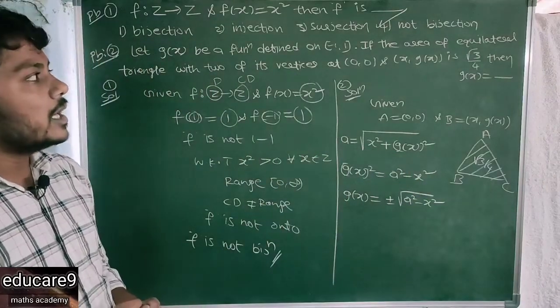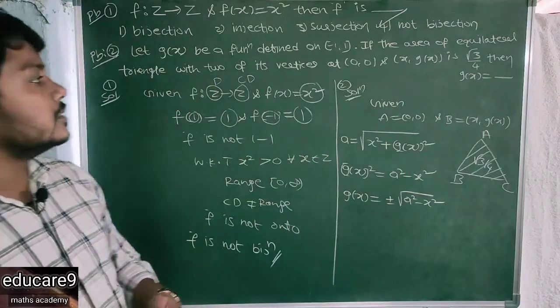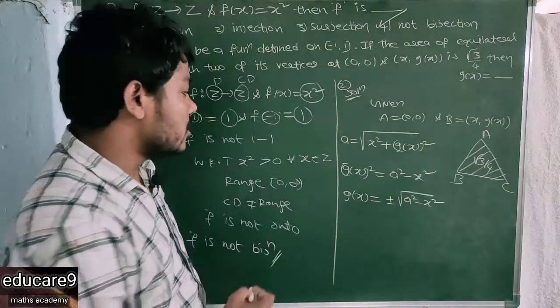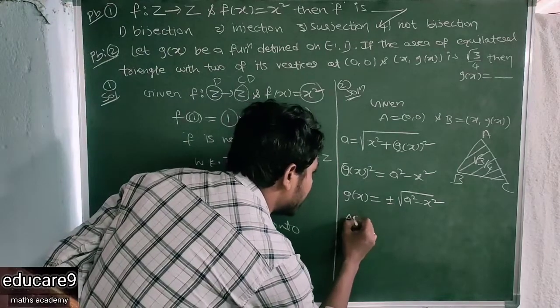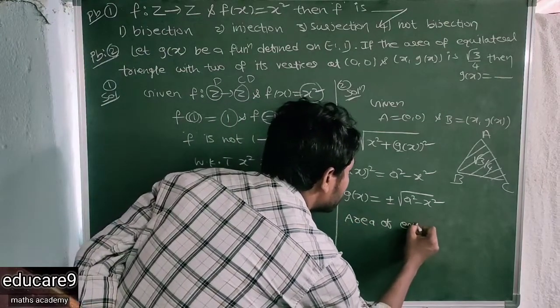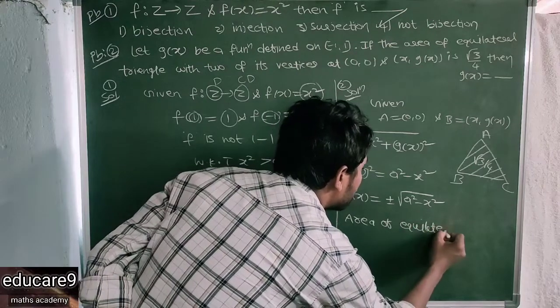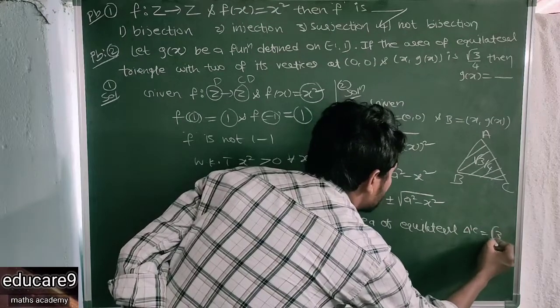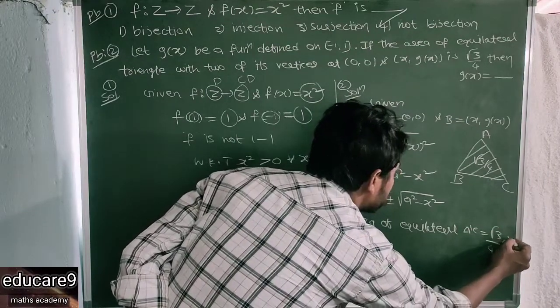Now area of the equilateral triangle is root 3 by 4. So you know that area of an equilateral triangle is root 3 by 4 a square.